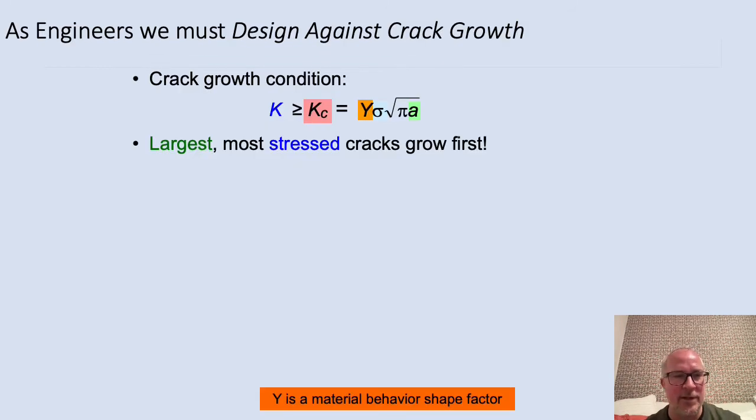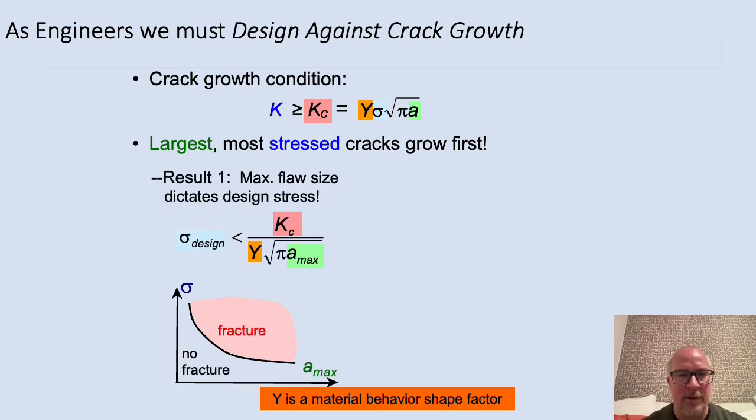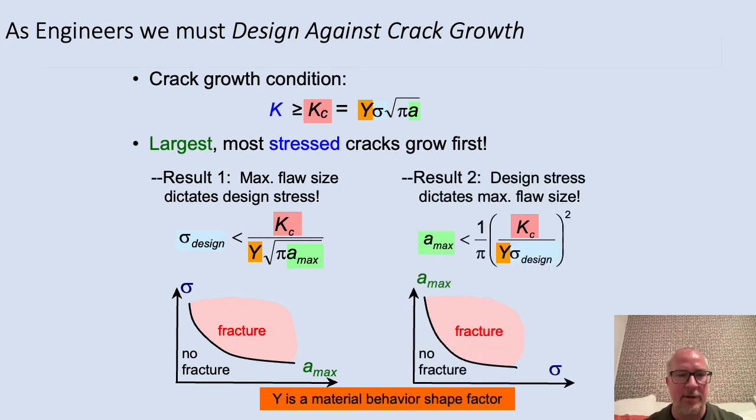So ultimately, as engineers, we want to design against crack growth. And what that means is we want the crack growth condition to be lower than the threshold for cracking. And we know that the largest, most stressed cracks are going to grow first. So the first thing we do is we look at the maximum flaw size that's acceptable, and that can dictate the design stresses that are allowable in a material.